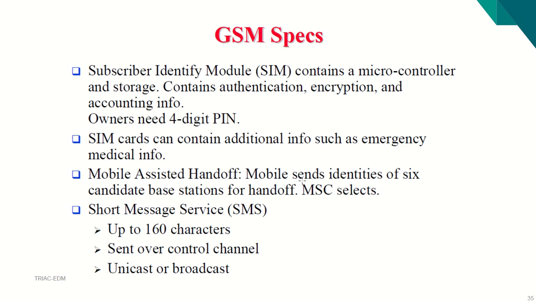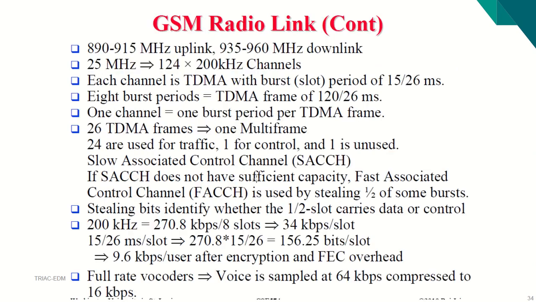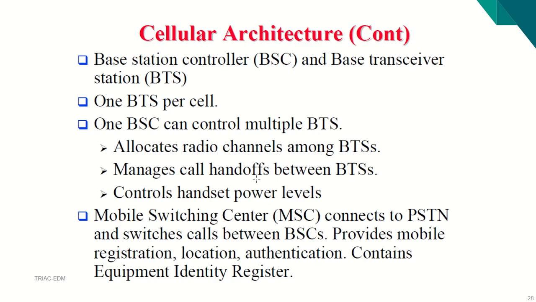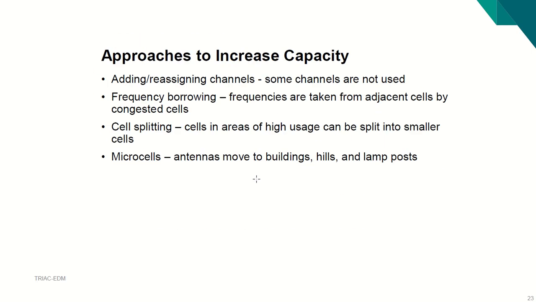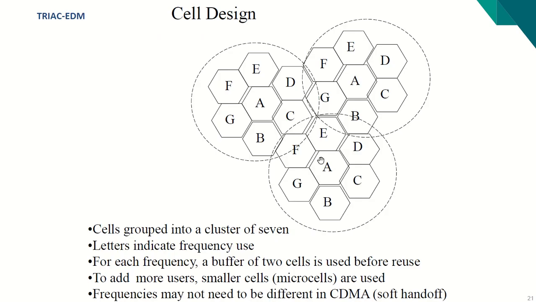Mobile assisted handoff. Mobile sends identities of 6 candidate base stations for a handoff. Then the MSC selects. So what that means is, if you imagine, let's come back to the cell structure.